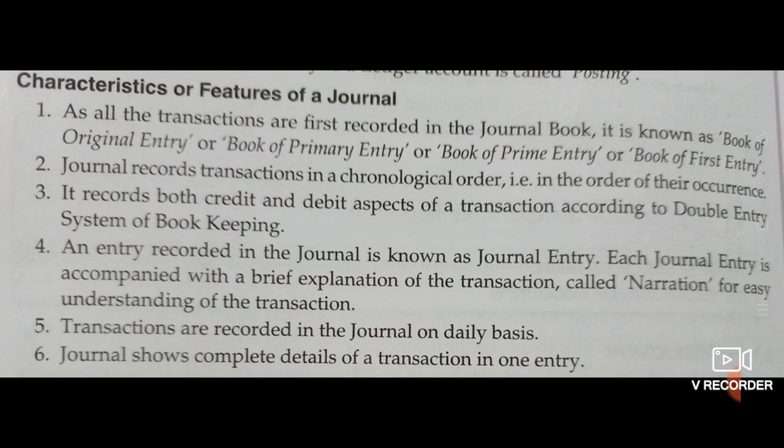Second, the journal records transactions in chronological order, which means a journal is a daily accounting record. Transactions are recorded daily in this book. Third, it records both credit and debit aspects of a transaction according to the double entry system of bookkeeping. Fourth, an entry recorded in the journal is known as a journal entry. Each journal entry is accompanied with a brief explanation of the transaction.